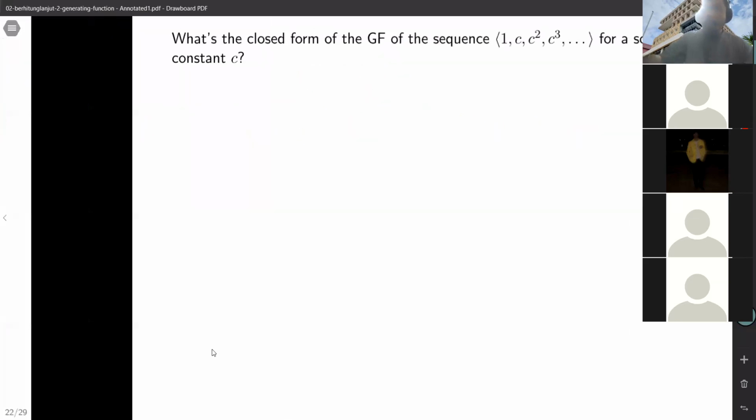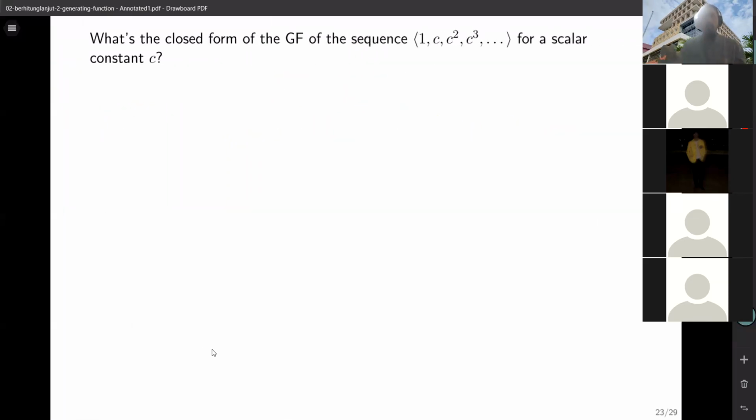All right. So what about this one? Now, c is a constant. What is the generating function? Let's write it down first, right? What is the power series form?